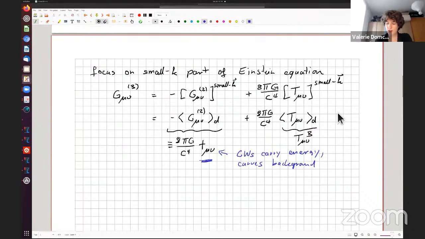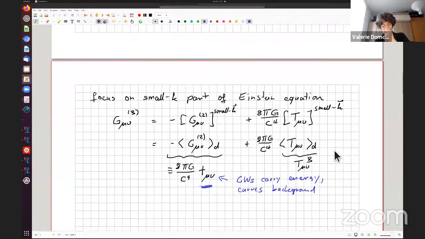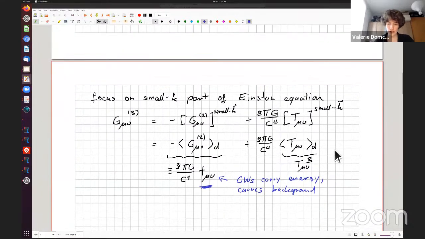Right. So we started from the full Einstein equation, where we have G mu nu, with this prefactor, and T mu nu. That's the full story. This right-hand side is really the matter content of the universe.